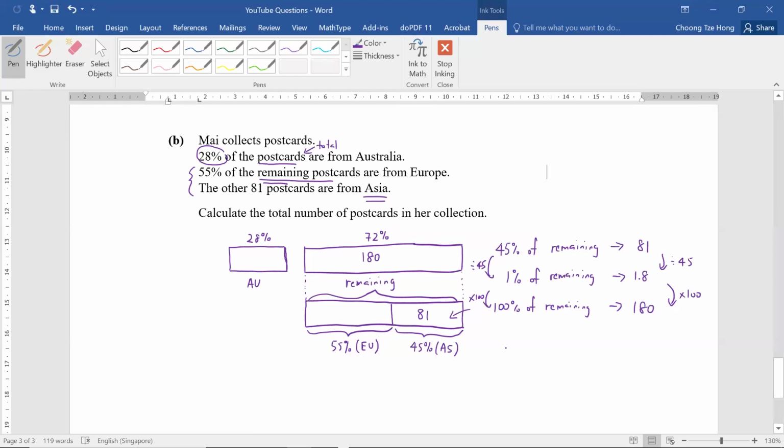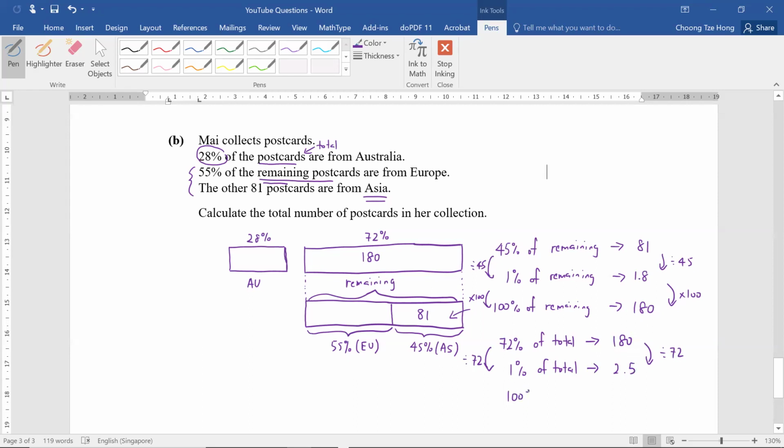Now we can calculate the total number of postcards in the collection. It's not 72% of remaining anymore; 72% of total would be 180. Same thing, we want to calculate 1%. So we divide by 72, 1% of total. 180 divided by 72 gives us 2.5.